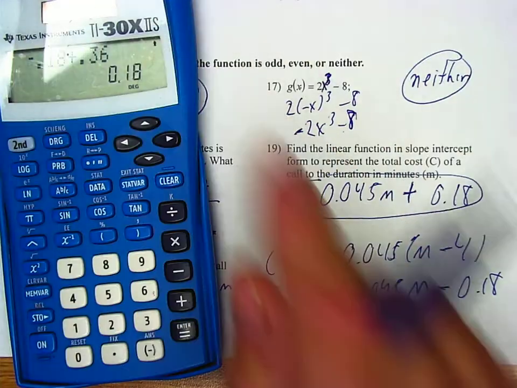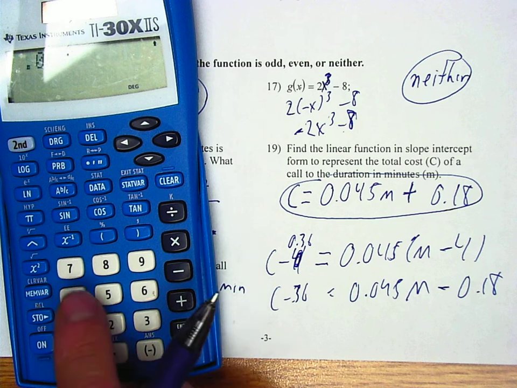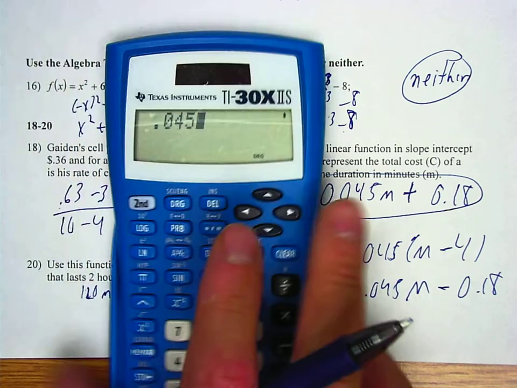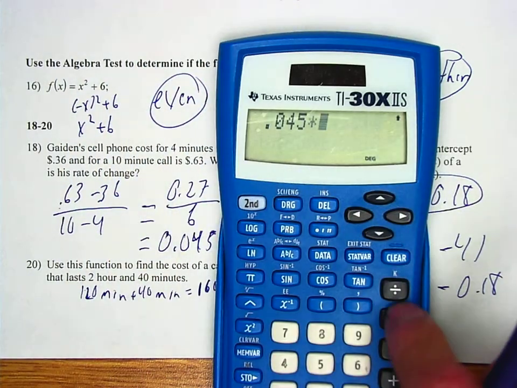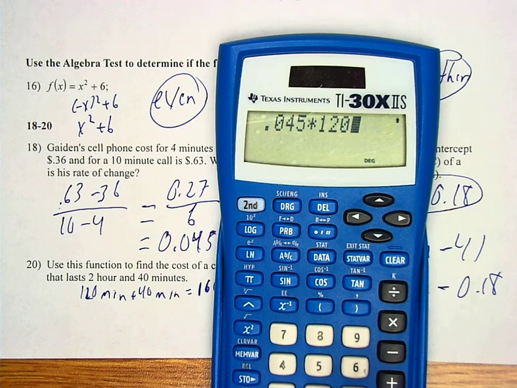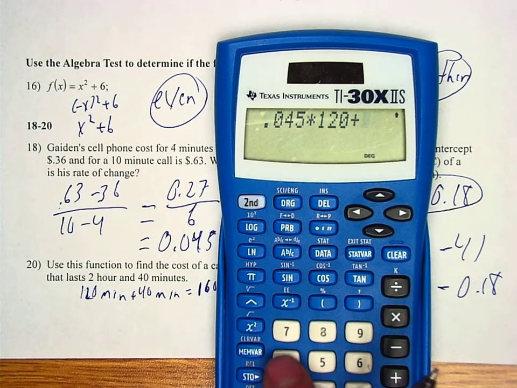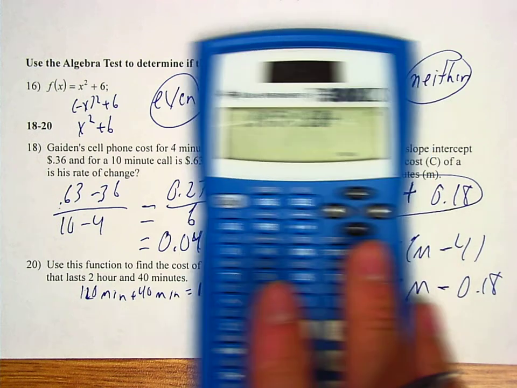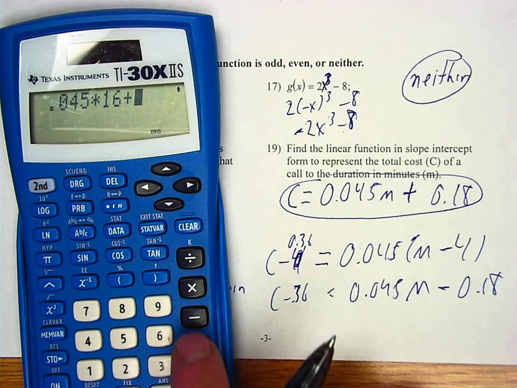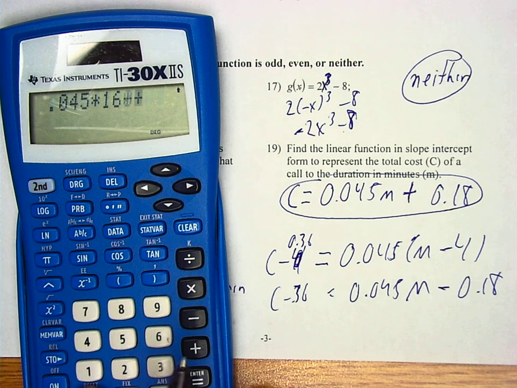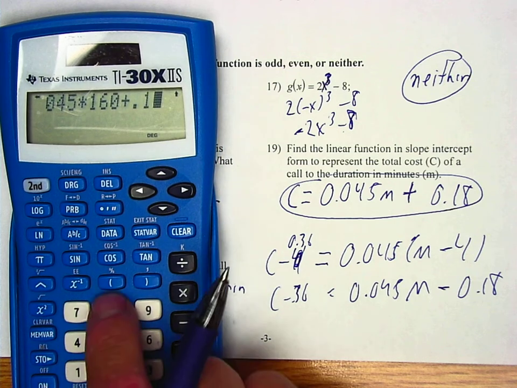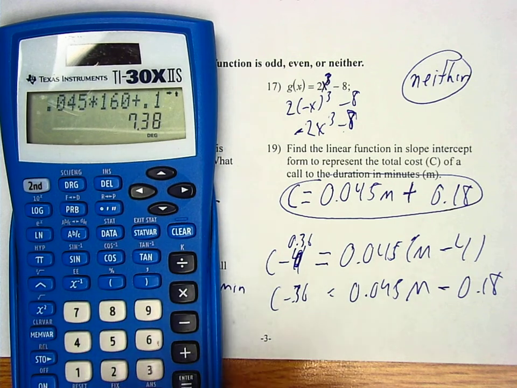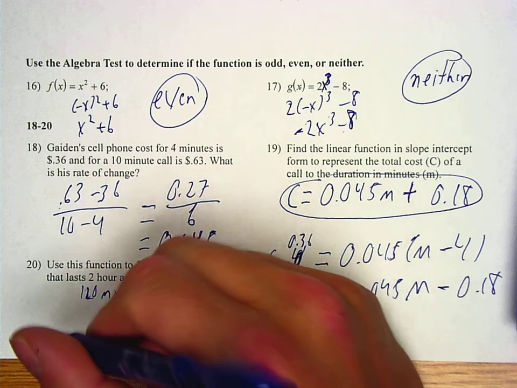So I'll do 0.045 times 160 plus 18 cents. $7.38.